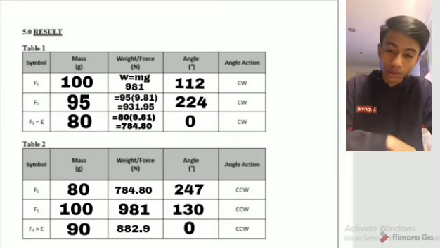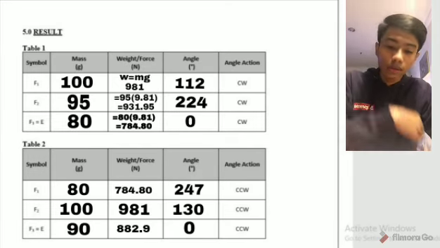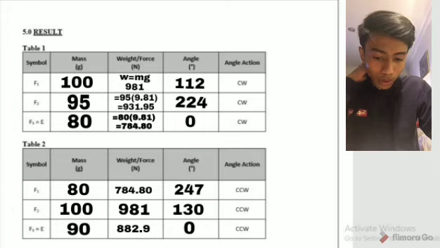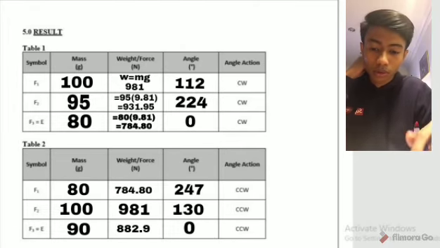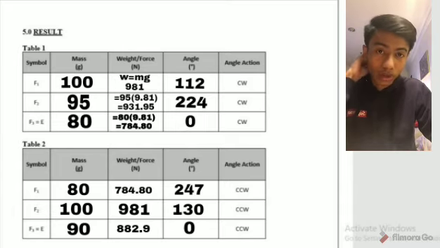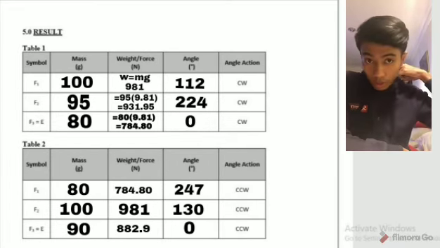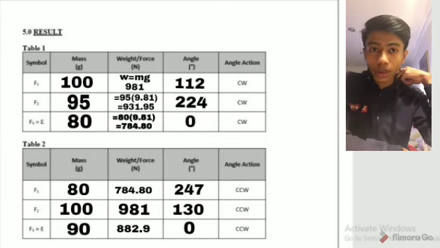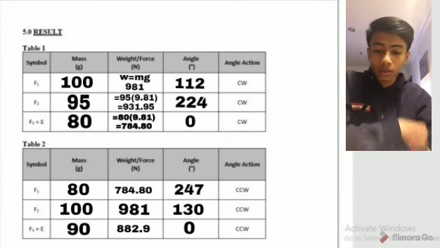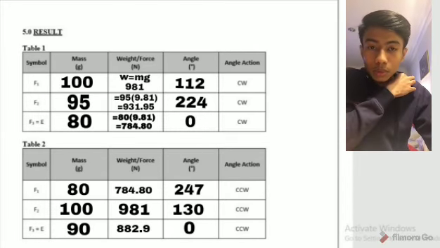From the eksperimen yang kita buat tadi, kita akan dapat dua table, iaitu table 1 and table 2. Untuk force 1 kita gunakan mass dia 100 gram. Weight yang kita dapat, kita menggunakan formula W sama dengan mg. So M kita 100, G kita 9.81.